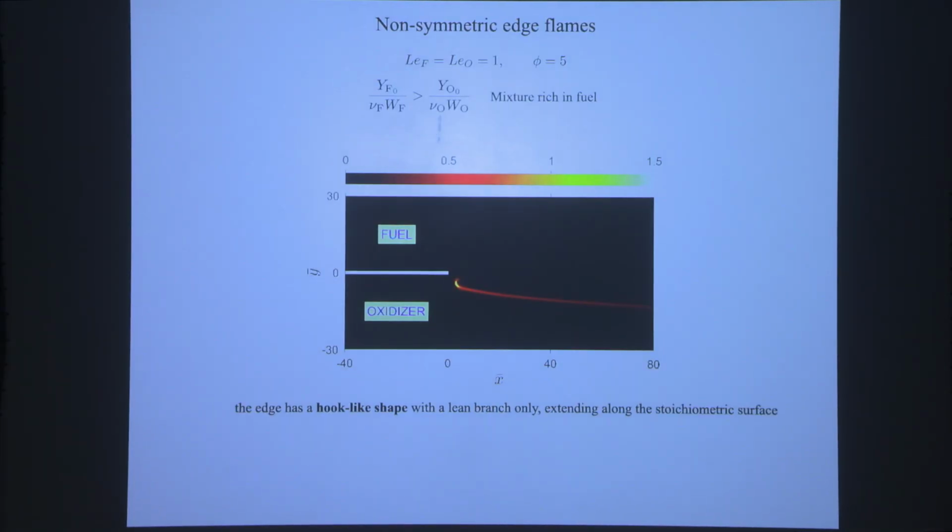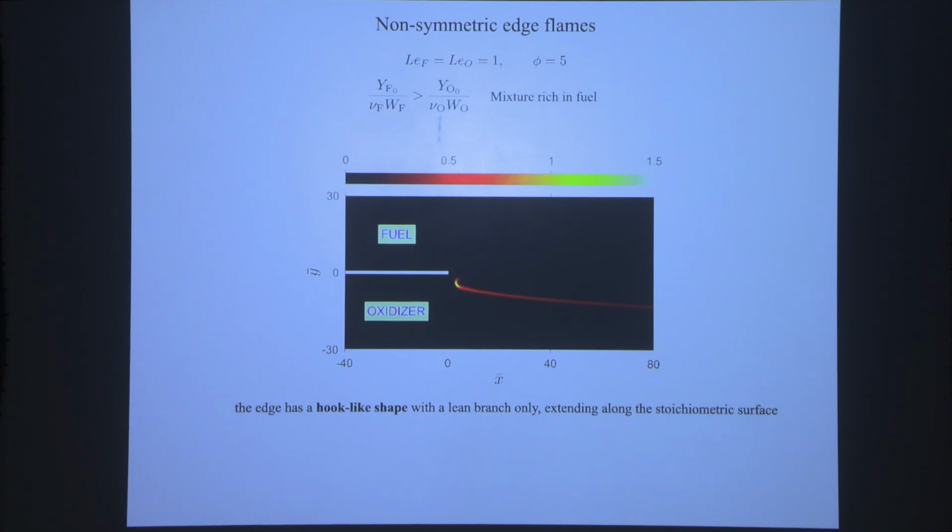And this is a non-symmetric edge, again, due to initial mixture. In other words, a very rich system, so there is plenty of fuel, so the flame tends towards the oxidizer. Now, I show all those, but really, there are some interesting things I want to point out, but they're coming.